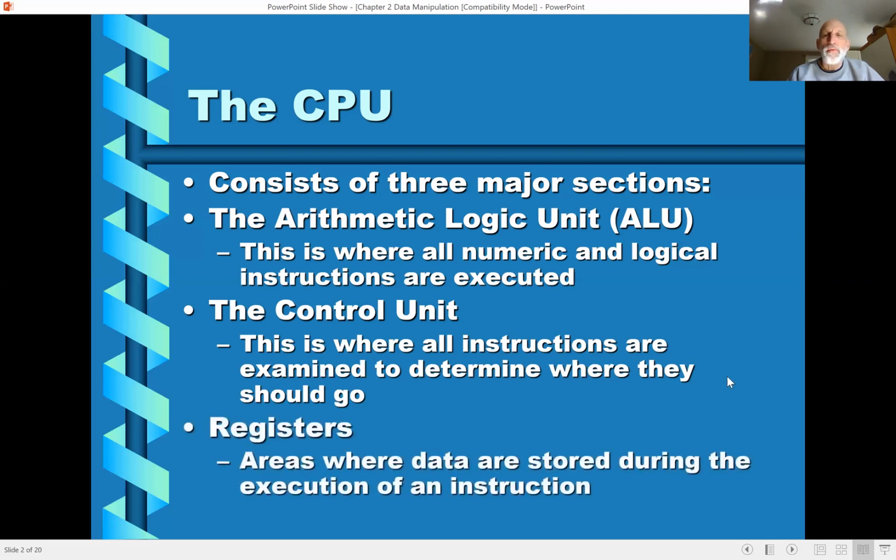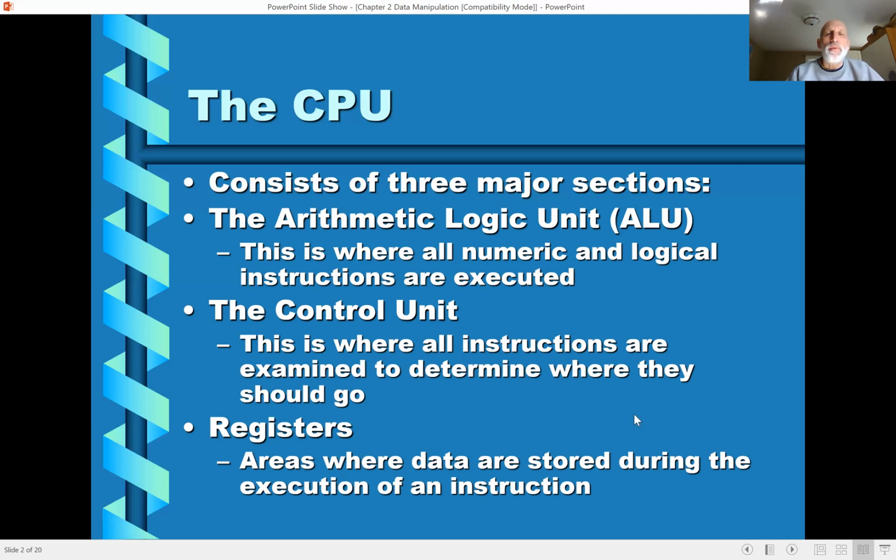And finally, we have some registers. Registers generally are just temporary storage areas for small amounts of data, like a couple of bits. It could be a 2-bit register, a 16-bit register, and on your machine, 64-bit registers, and so on. So we have registers, which are storage. We have the control unit, which determines where instructions should go.